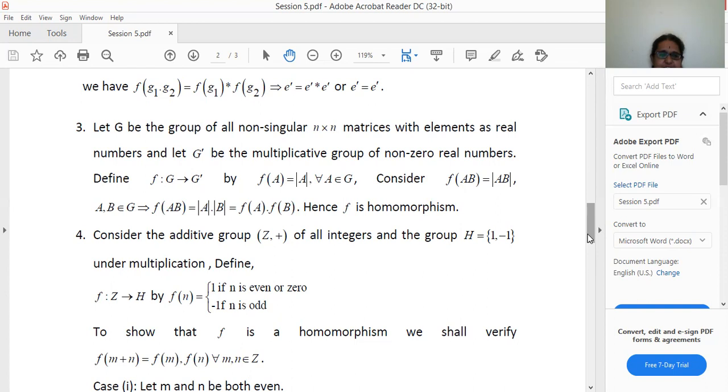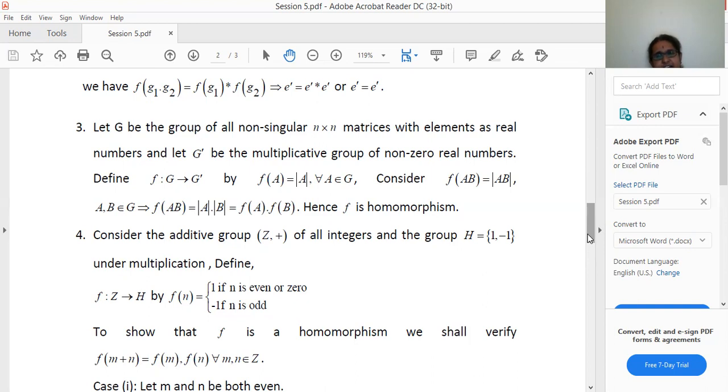Now we have to show f is a homomorphism. f will be a homomorphism provided f(m + n) = f(m) dot f(n), because on the domain side addition is the operation, whereas for the codomain multiplication is the binary operation. Now here we have different cases, because we have taken the set of integers, which may be either odd or even.